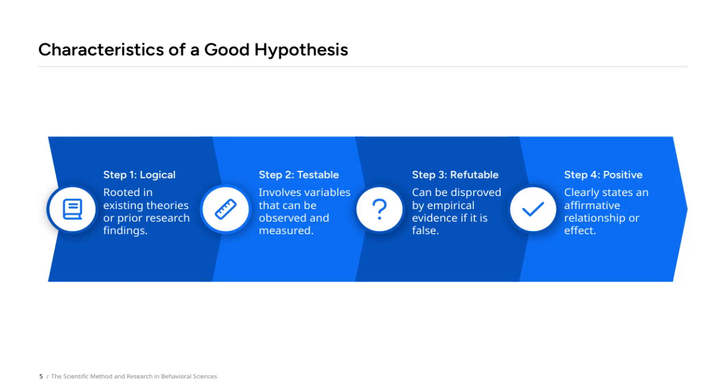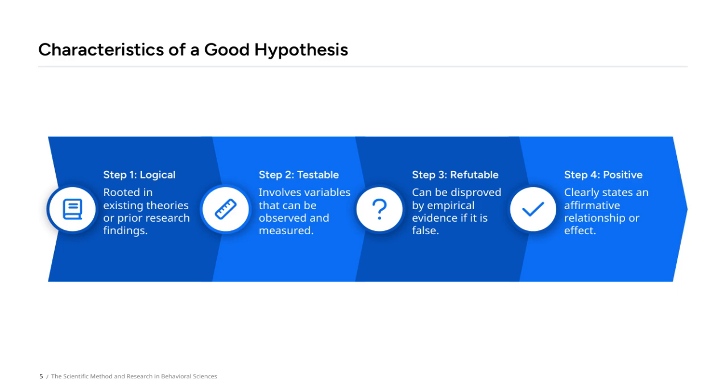When considering the characteristics of a good hypothesis, the first important aspect is that it must be logical. This means it should be grounded in existing theories or supported by prior research findings, ensuring it makes sense within the context of what is already known. Next, a good hypothesis needs to be testable. This requires that the variables involved can be observed and measured in a practical way, allowing us to gather data for analysis.